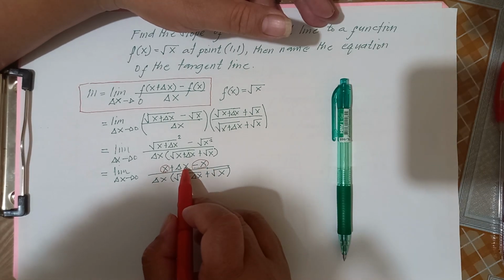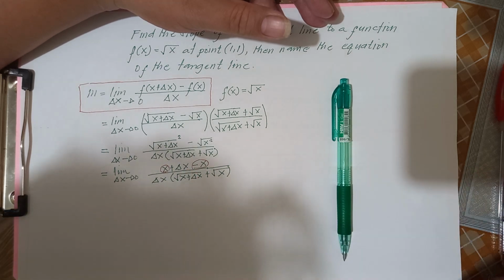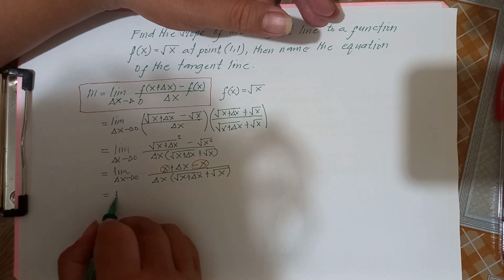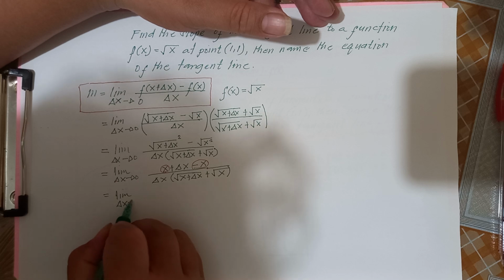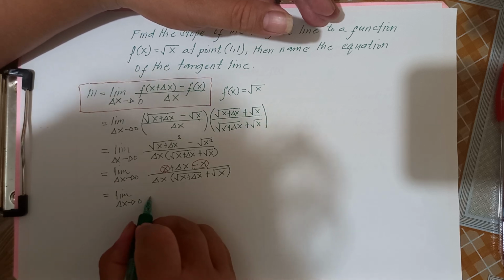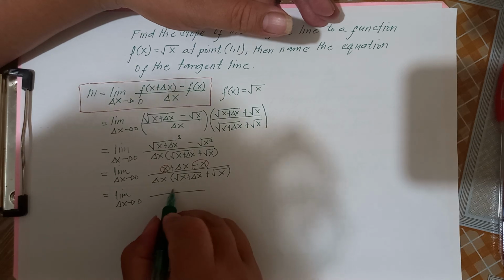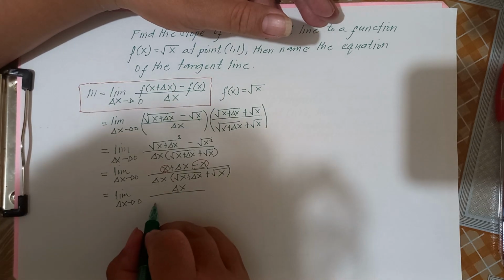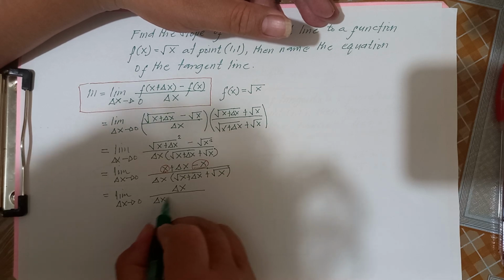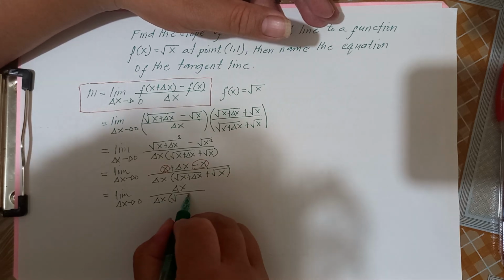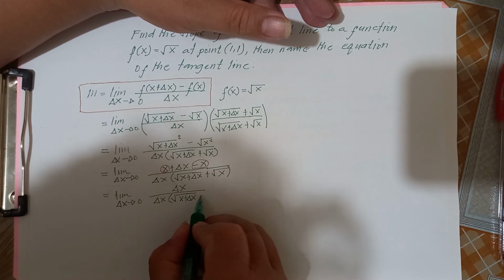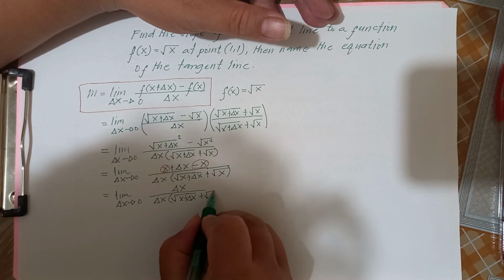So we will have a statement saying the limit as change of x is approaching 0, our numerator will be change of x, and our denominator change of x multiplied by the square root of x plus change of x, plus the square root of x.